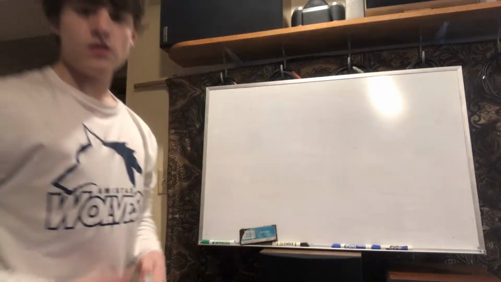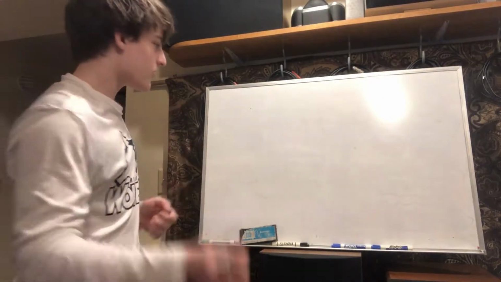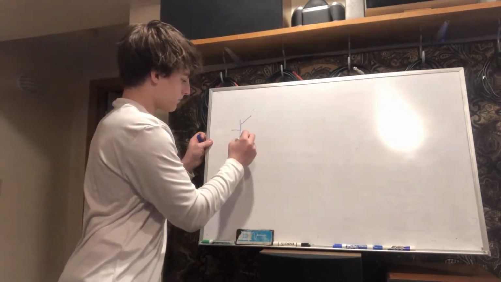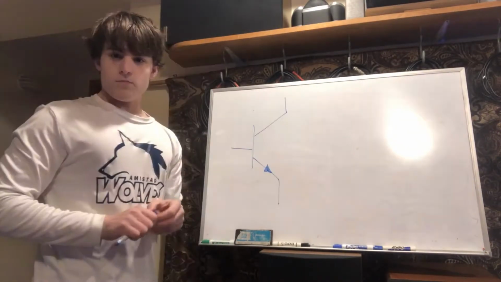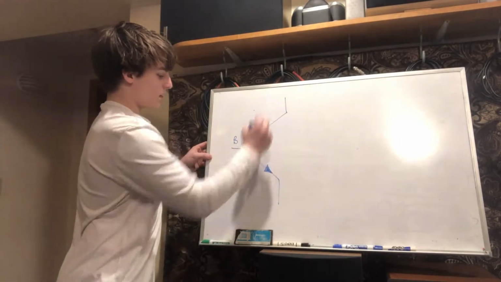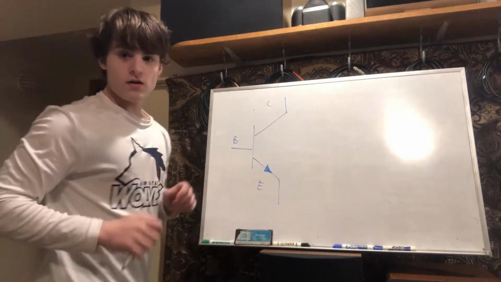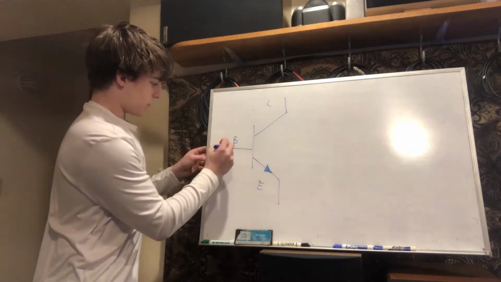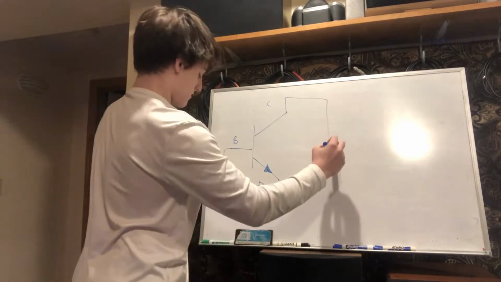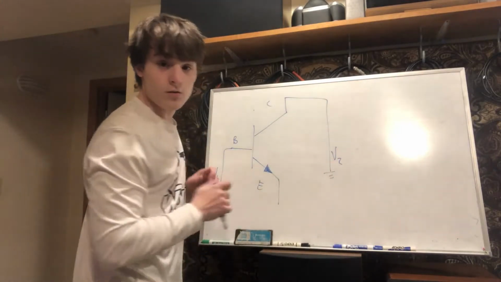To be honest, a transistor can be drawn like so. Now, the way these things work is you have a base, an emitter, and a collector. In a simple drawing, we can have a voltage applied here, let's call it V1, and a voltage here, call that V2.